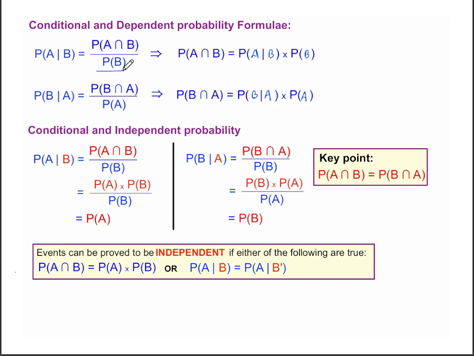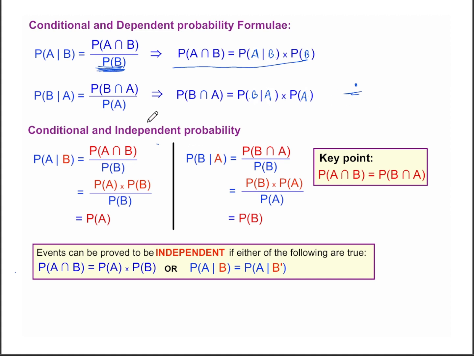Because now this is going to be your total outcomes that are there. Then obviously you can change this after cross multiplying into this right here. This formula is when you have dependent events like the previous one, where you selected a boy. Now that boy is not available for selection, so your probability changes.